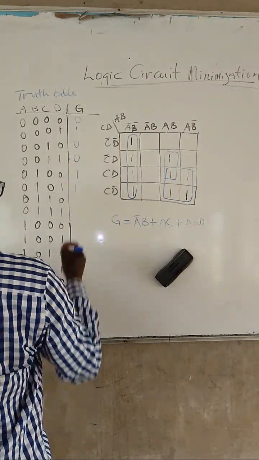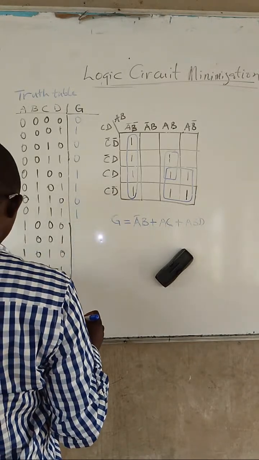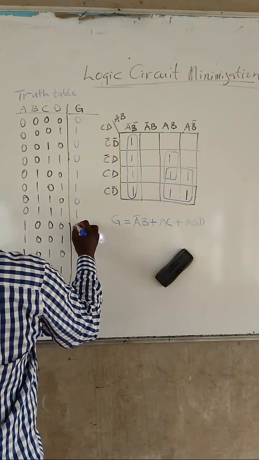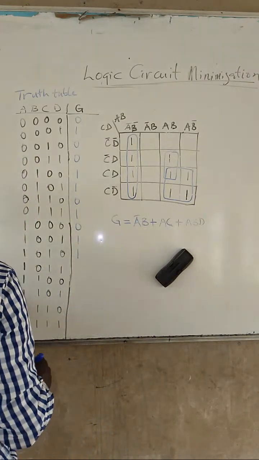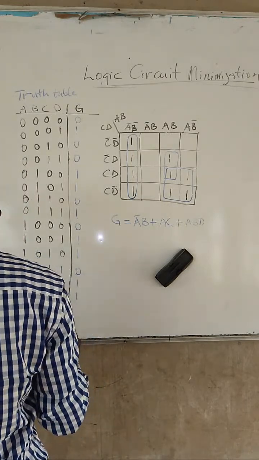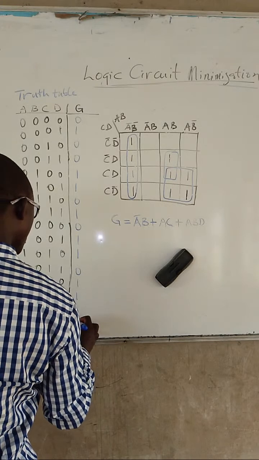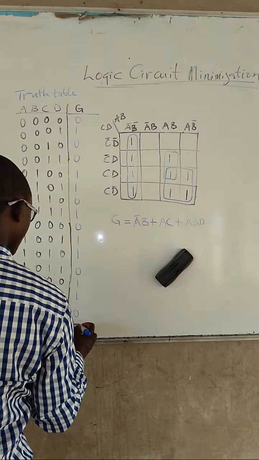Next we have 0, 1. Another 0, 1, 1. Okay, then 0, 1, 1 again. And the last two will be 0, 0.